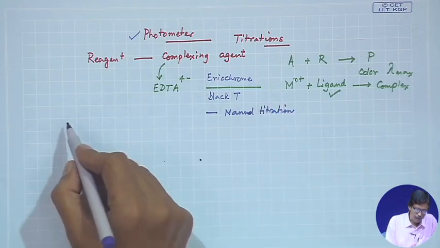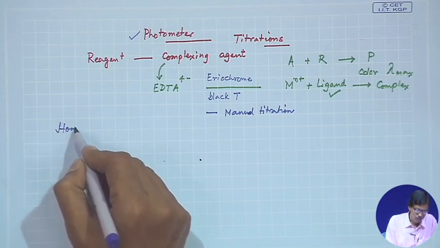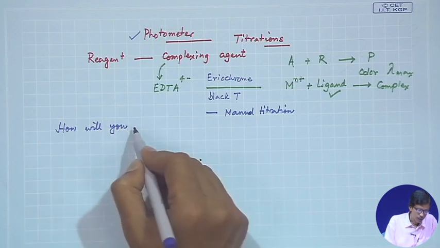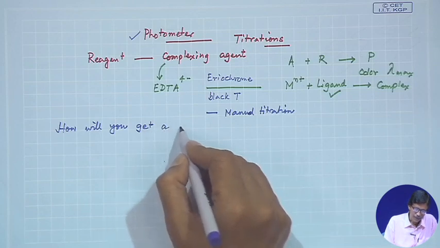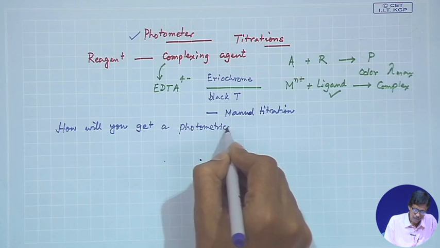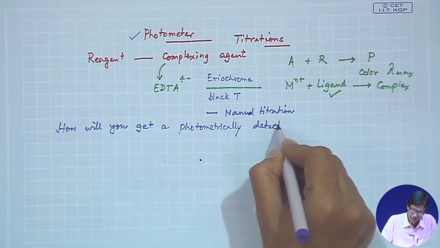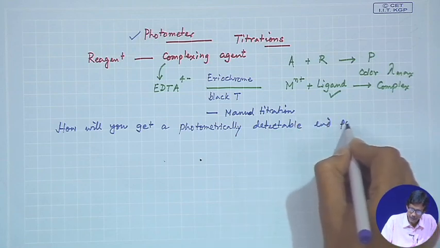So, if we ask ourselves a very basic question: how will you get a photometrically detectable endpoint?